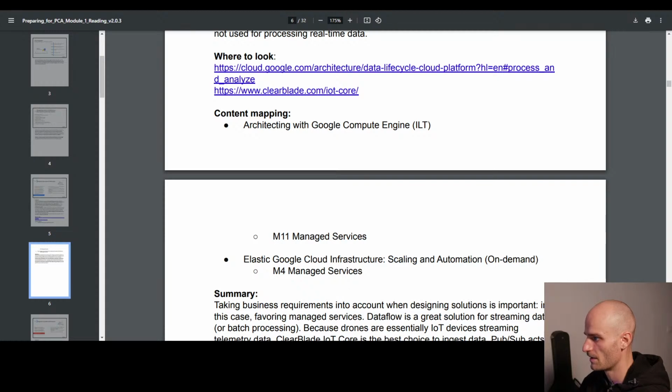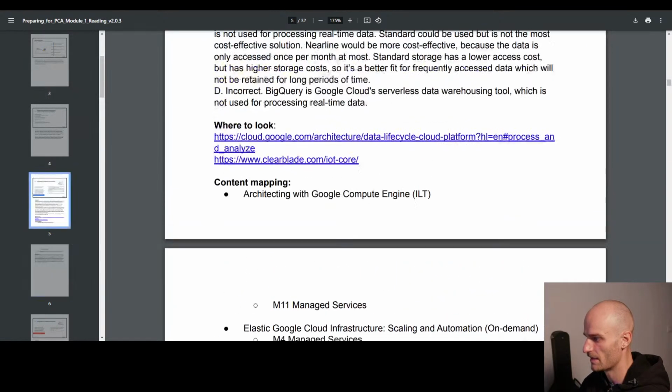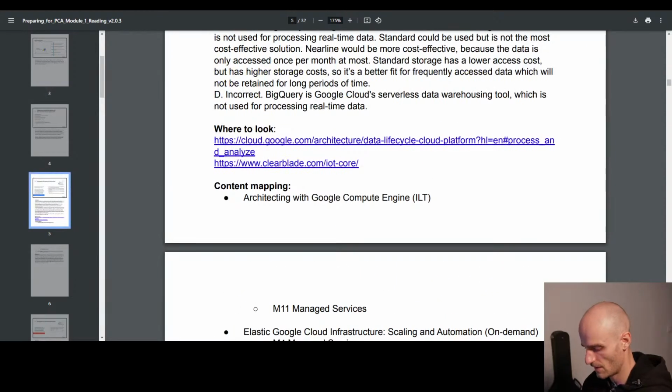Okay. So we're saying architecting with GCE, in-person course, managed services.